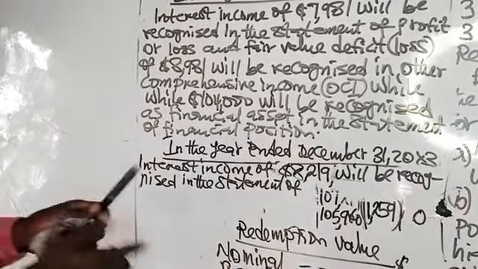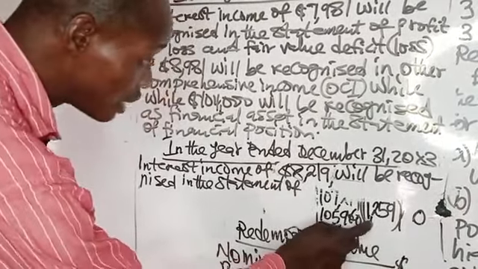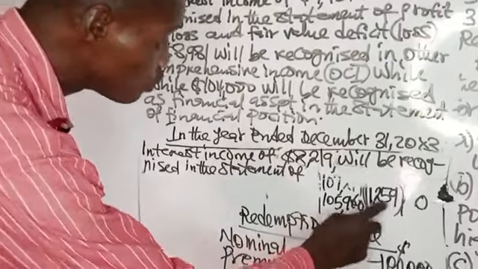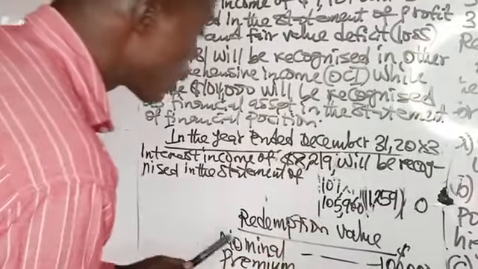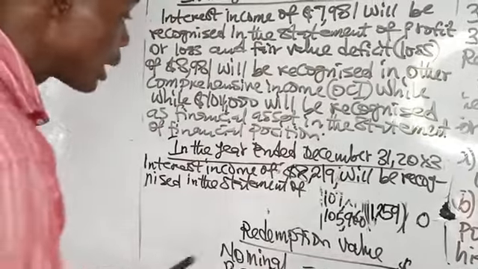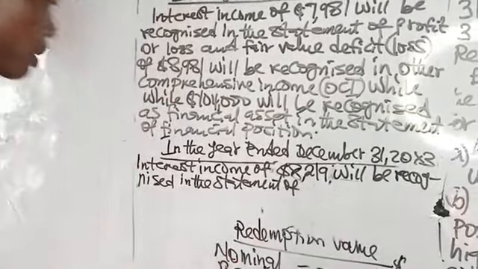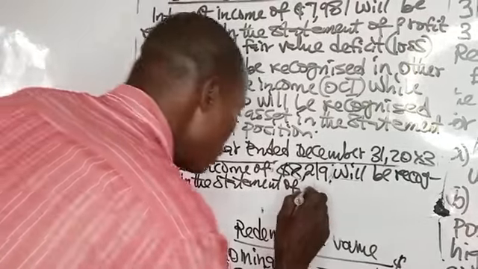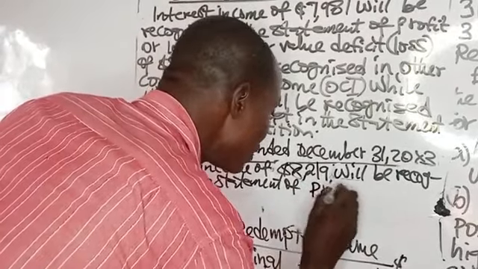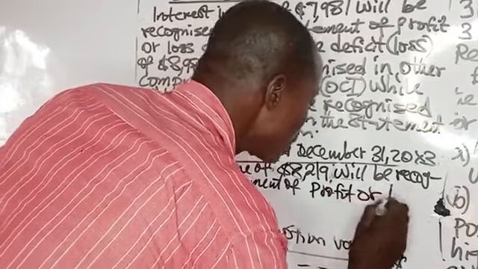Then, before I wrap up, we have a fair value deficit of 1,259 that will be recognized under comprehensive income.